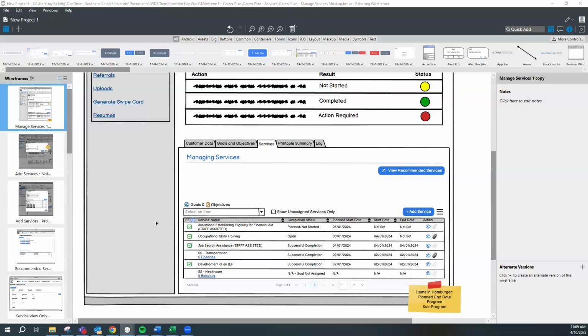I'm struggling with the whole notion of the services having planned start dates and then start and end dates. This seems confusing to me.